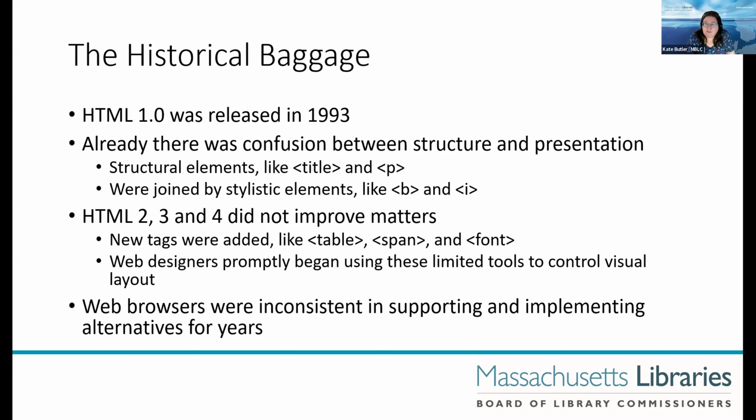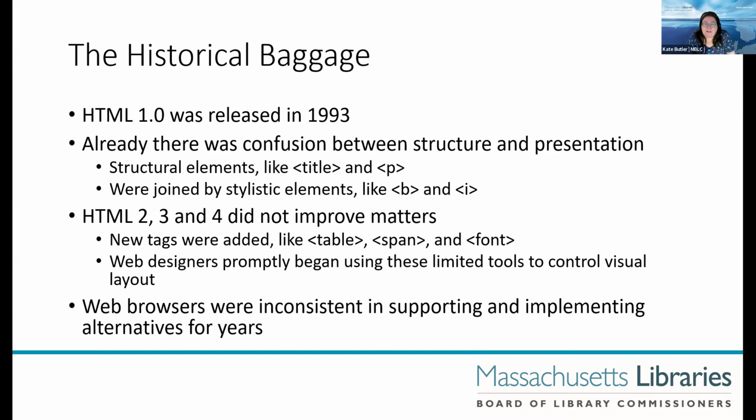Some of them were structural and some of them were stylistic. Throughout the 90s, they released more and more versions of HTML, and more style tags were added into the mix. Web developers also started cannibalizing non-style tags like table to force visually pleasing layouts onto their pages.